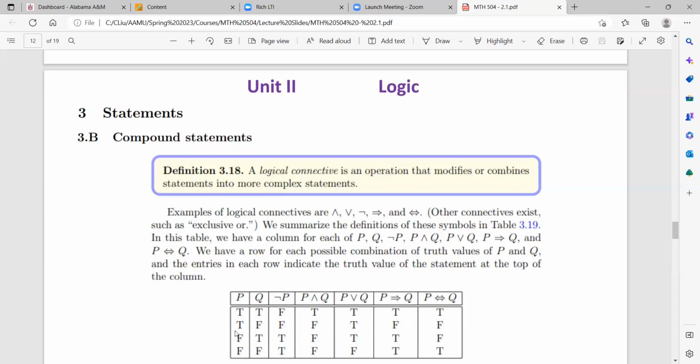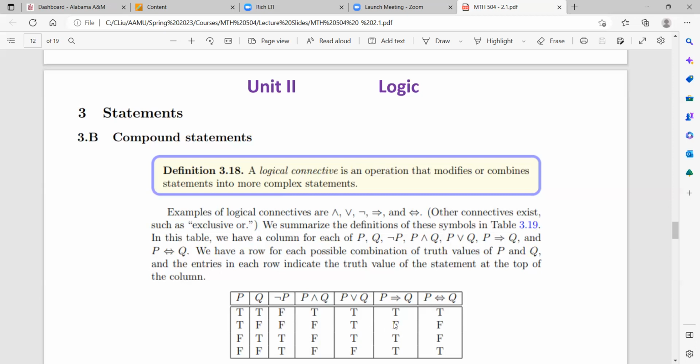In the second row, when P is true and Q is false, the negation of P will be false. P and Q will be false because both P and Q must be true for the and to be true. But P or Q is true because P is true here, and P implies Q is true.